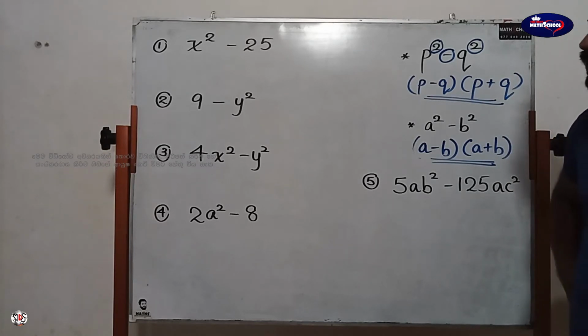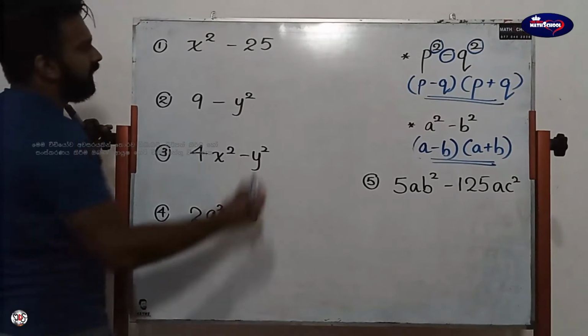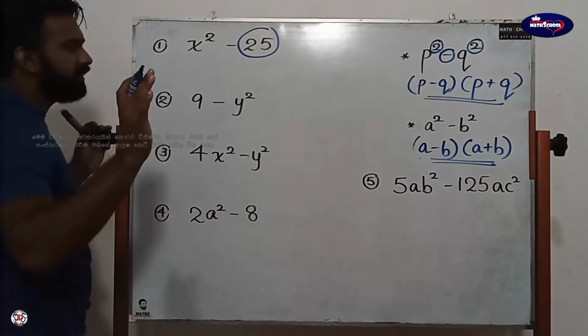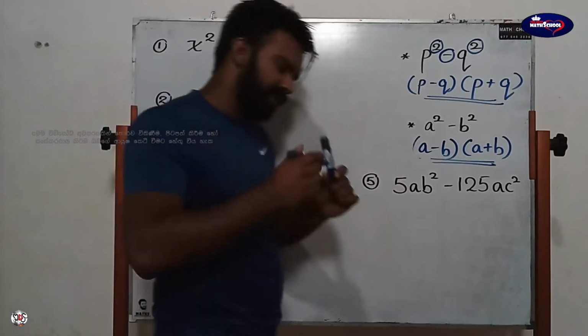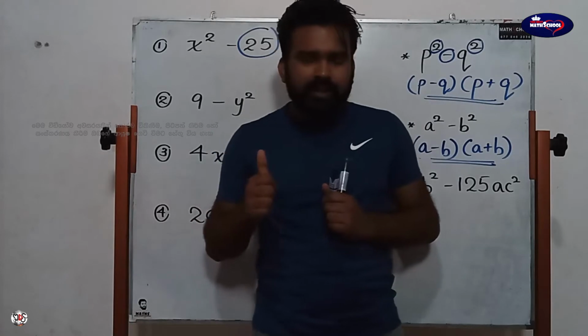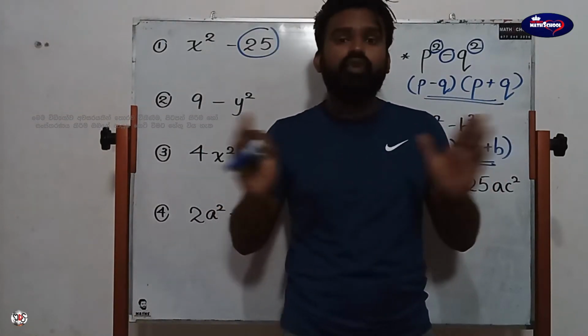Shall I give you some support for the first one, only the first one? Just see here you have x squared and you have here 25. So my dear, now just forget everything and listen to this. When we are factorizing, we have learned that we have only 3 ways to factorize.